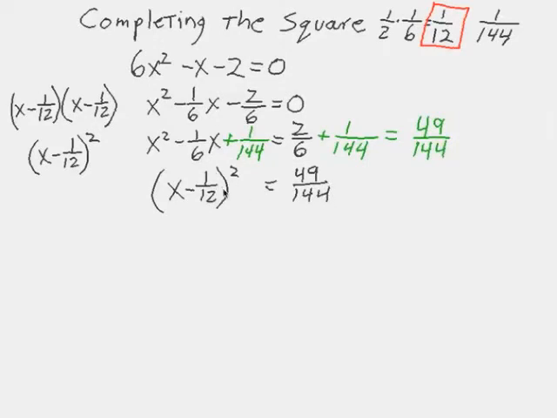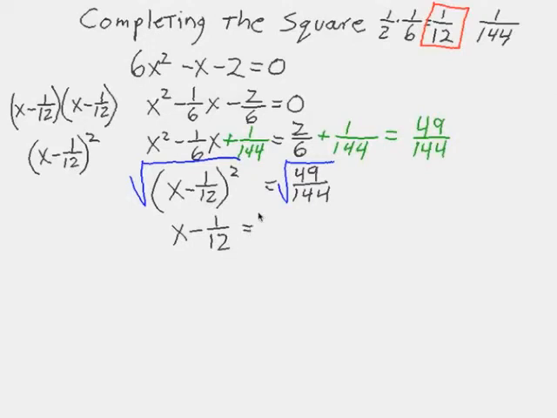Now I have something squared equal to a number, so in order to figure out what this is, I'm going to undo the squared by taking the square root of both sides. So I'll take the square root on this side and the square root on this side. The square root of something squared is just whatever the something is.